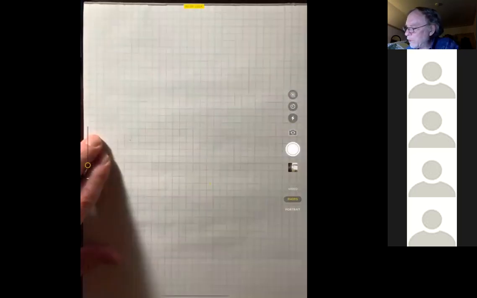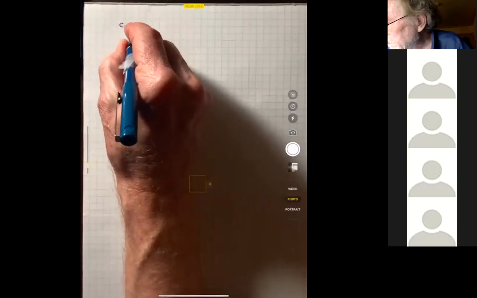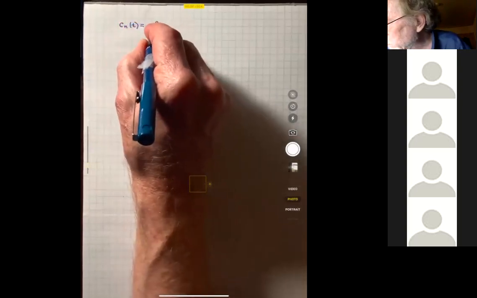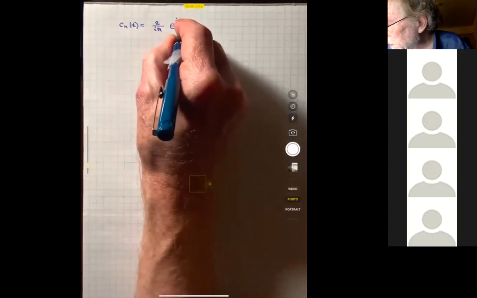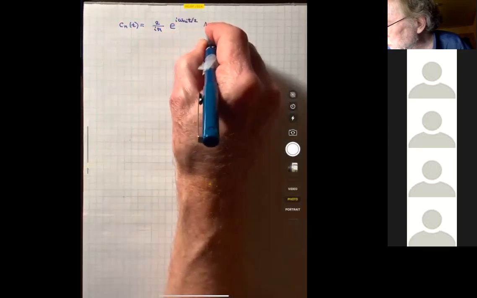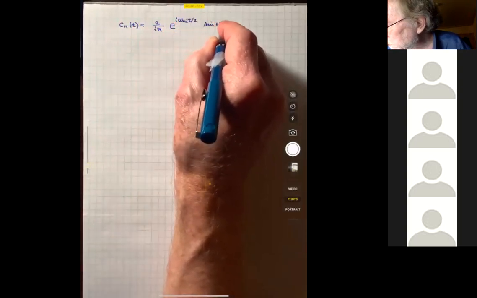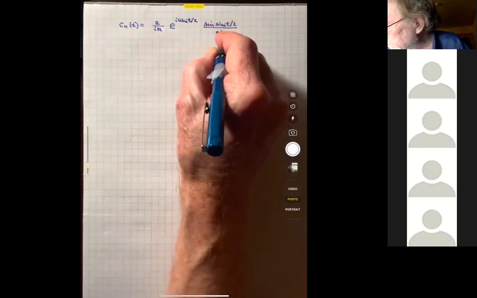And if you do it, what you end up with is this: Cn of t is equal to 2 over i h bar, e to the i omega ni times t over 2, times the sine of omega ni times t over 2 divided by omega ni.